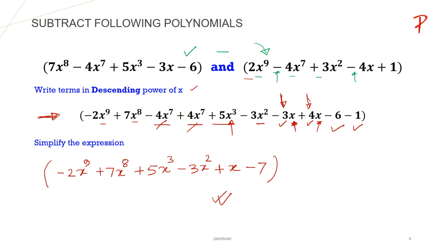And that's how we distributed the negative sign, right? After that, we wrote the terms in descending power of x, and we get this, right? And after simplifying this expression, we get the final result as minus 2x to the power 9 plus 7x to the power 8 plus 5x cube minus 3x square plus x minus 7.